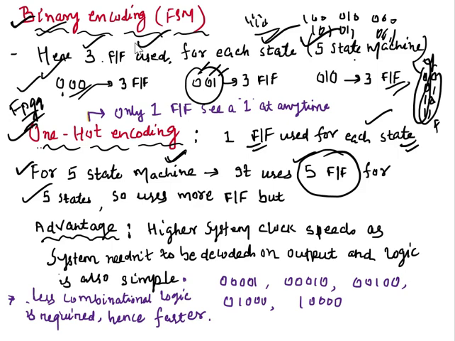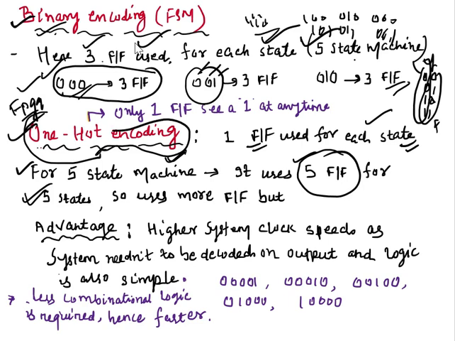Between binary encoding and one hot encoding: in binary encoding, just 3 flip-flops are enough. But in one hot encoding, we are using 5 flip-flops. If the number of states increases, then definitely the number of flip-flops also increases.